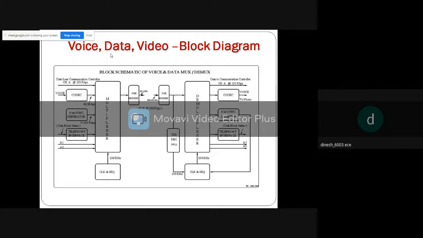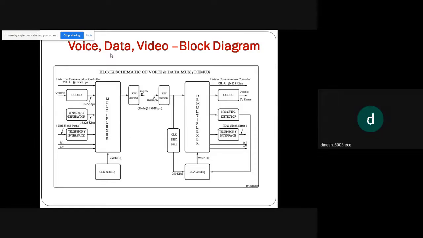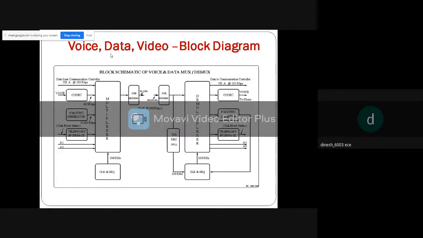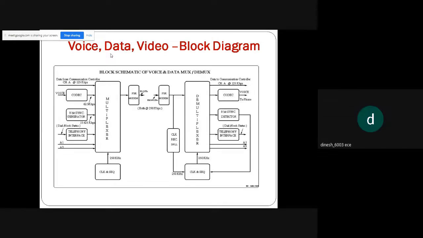Then a clock receiver, DPLL. This clock loop was operating at 250 kilohertz, the same as in the transmitter. Then the demultiplexer, the codec, then an 8-bit synchronous detector, which is the inverse of the 8-bit synchronous generator in the transmitter. Then we had the telephone interface with the same selection lines.